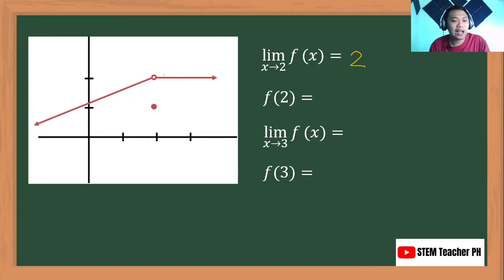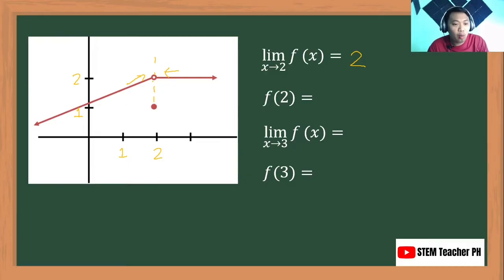Because if we look at the graph above, as we approach from the left and from the right, we get closer and closer to the value of y, that is 2. However, if we look at the value of our function at x equal to 2, it is an open circle, so it is not exactly there. As we go down, the value of y is at the closed circle, positive 1.